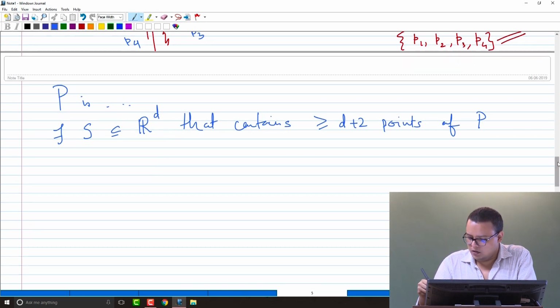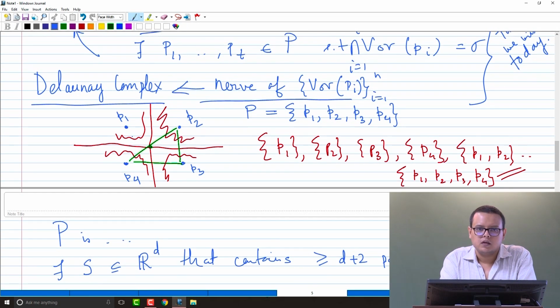But here, there is a circle that contains these 4 points.